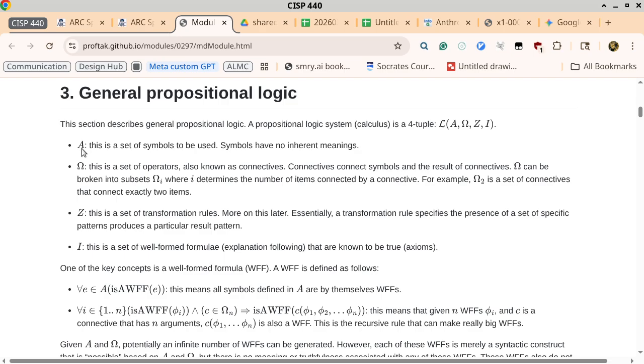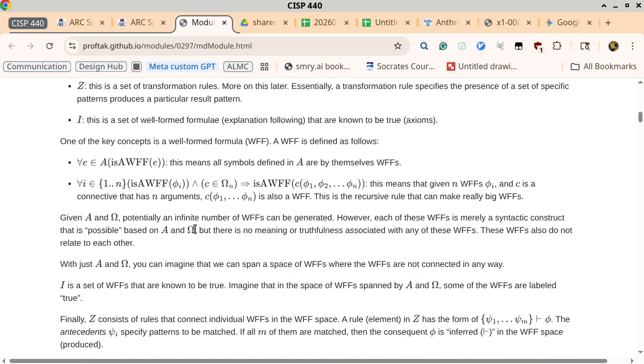Now, with only alpha and omega defined, the next thing we need to talk about is actually not zeta and also not iota yet. We have to talk about the concept of a well-formed formula, which is formally defined over here.